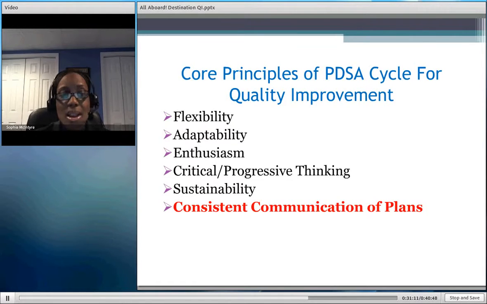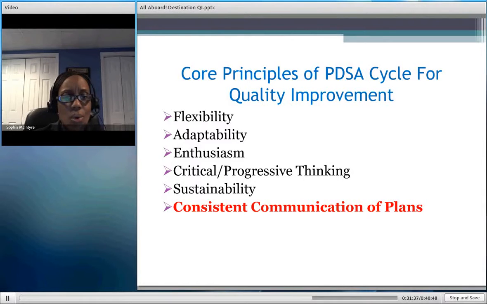And as a provider, I think it's crucial for you to be enthusiastic about this process. Sometimes with quality improvement the thought is, oh boy, here we go. What else do I have to do? If I have enough to do, why should I be doing something else? So enthusiasm can be contagious. So hopefully you as a provider have that enthusiasm to spread to your team.